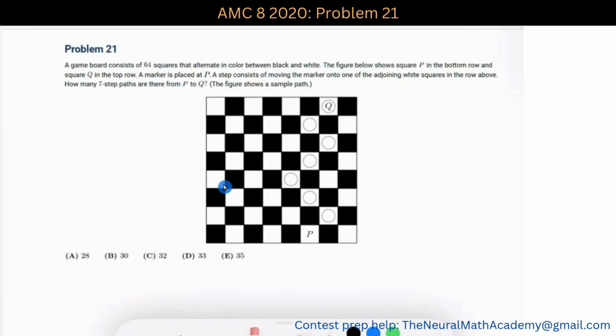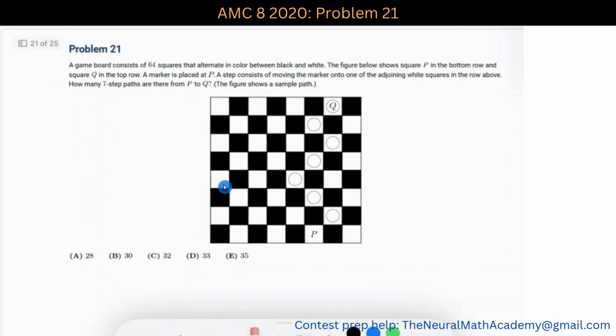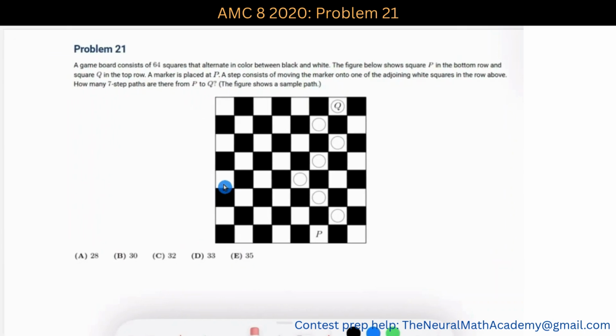So to solve this problem, we have to keep in mind a couple of things. First is that the path should consist of 7 steps. And another thing is that all the steps should be taken on the white adjoining squares.